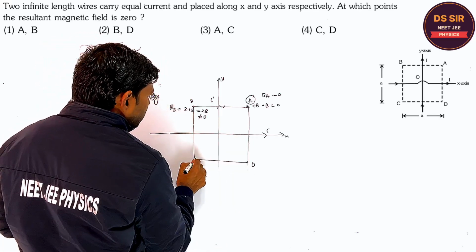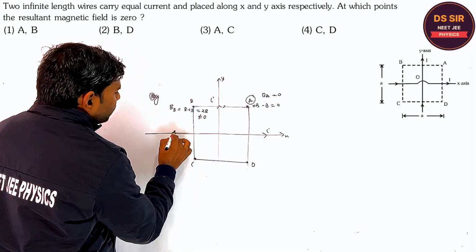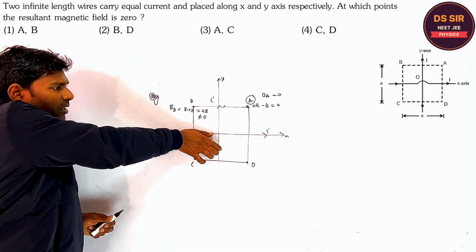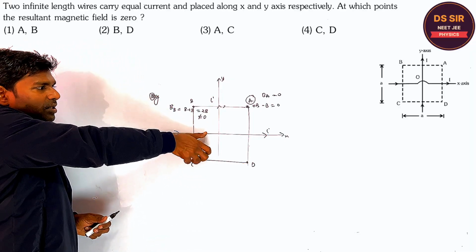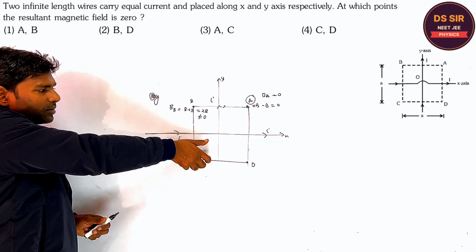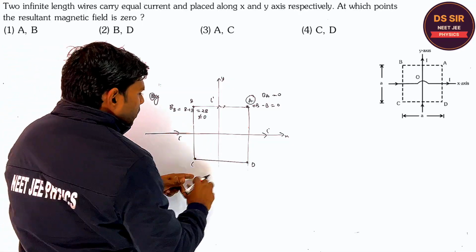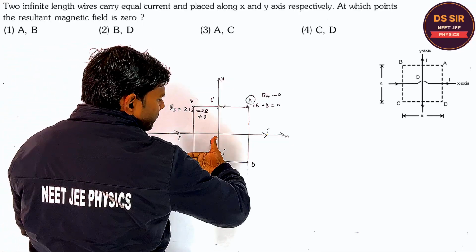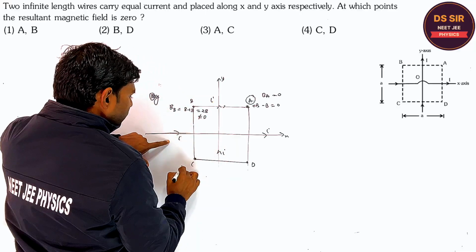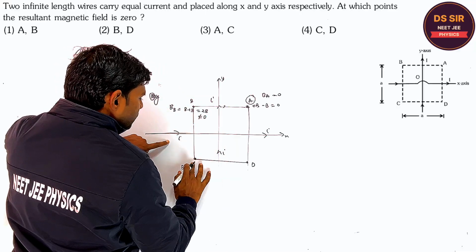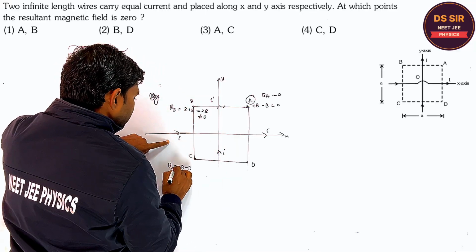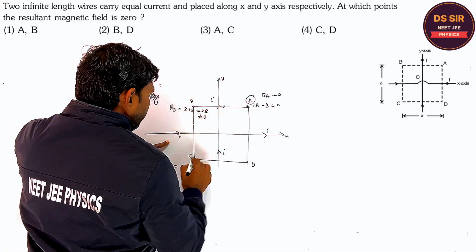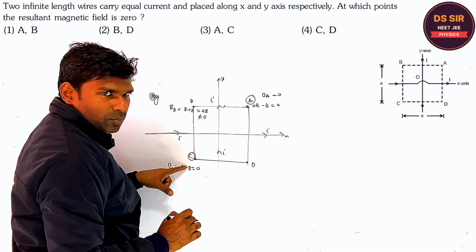Now if you consider the point C, because of this wire, the magnetic field is into the board, and because of this wire, out. So because of this into and this out, the field at C is 0. So point A and point C are the correct points.